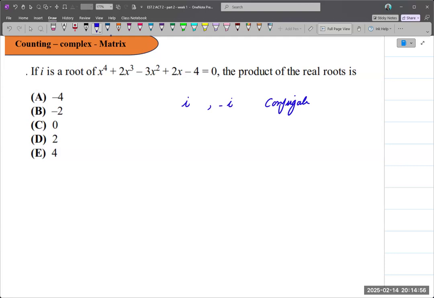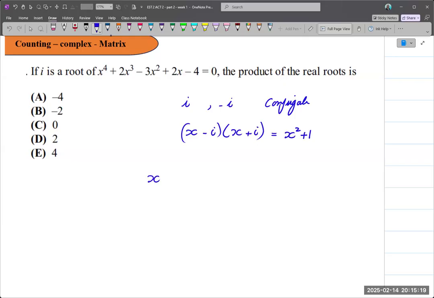So x minus i and x minus minus i, it means x plus i, are two factors of this equation. Therefore their product will be x squared plus 1. This means this equation is divisible by x squared plus 1.